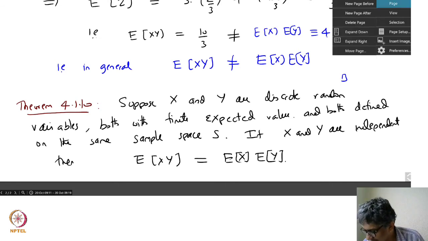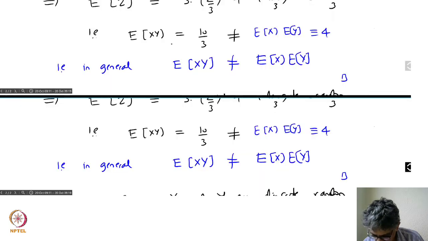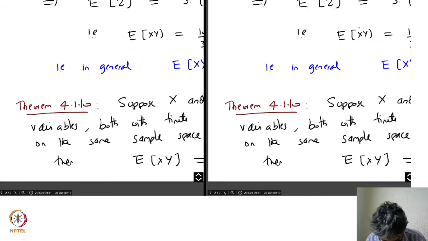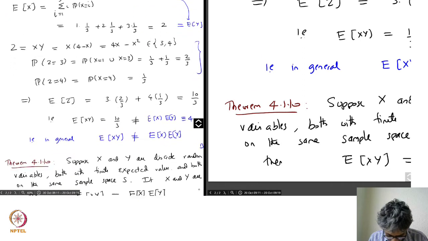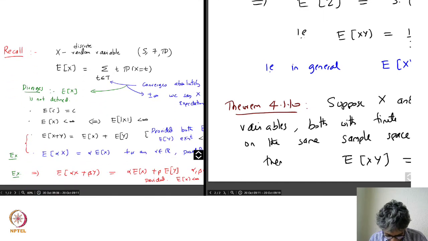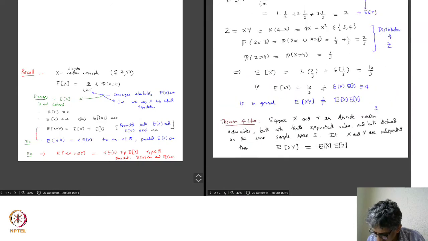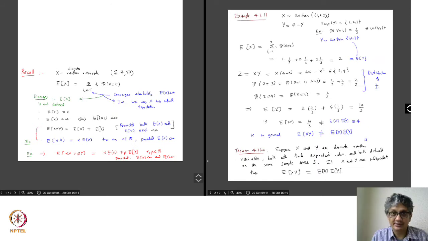So let's quickly recap what the results are. Let me go to the split view again. Here the idea was the following: we had done earlier that E of X is linear, and we also immediately checked that for a product it doesn't go across.